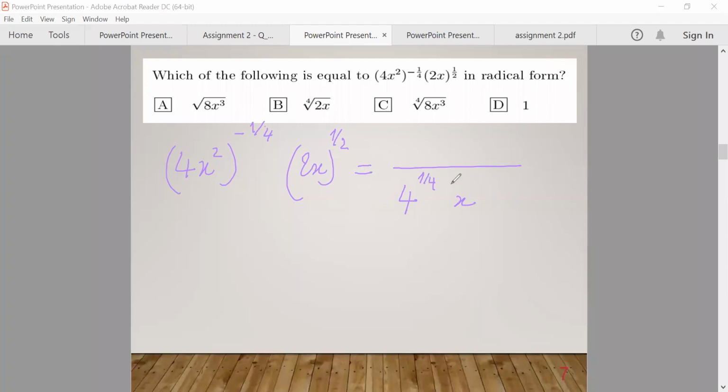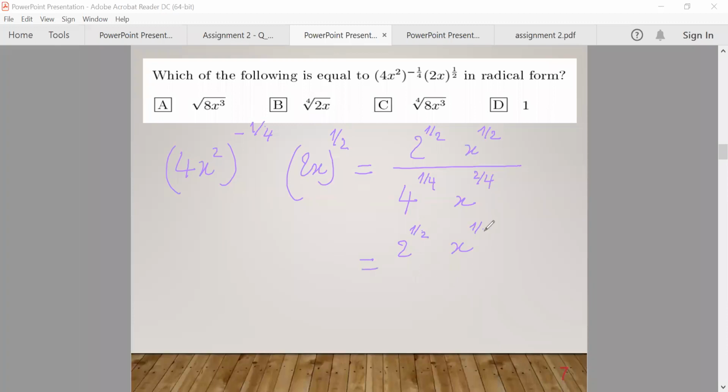The 2 over 4 stays on top, 2 to the half, x to the half.